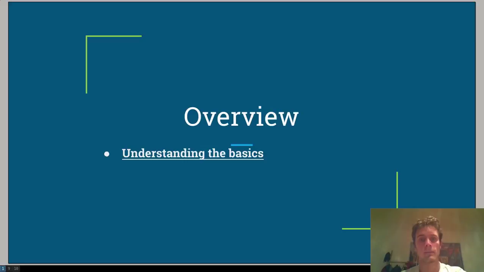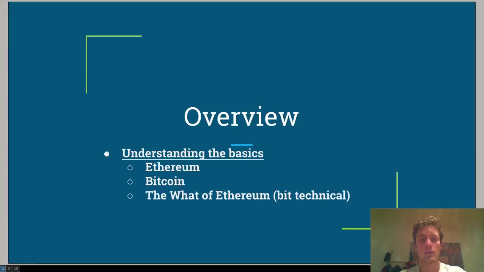So let's move on. To understand the basics of Ethereum, we'll actually have to take a look at Bitcoin first. And even if you're already familiar with Bitcoin, I'm sure you'll learn a few things, and it's not going to be too long. And then we'll go into some more technical details that are really useful. And it's actually quite fascinating.